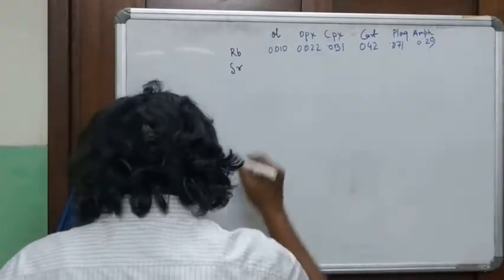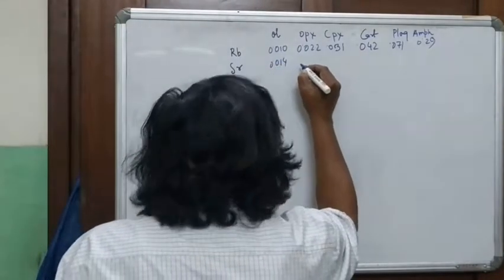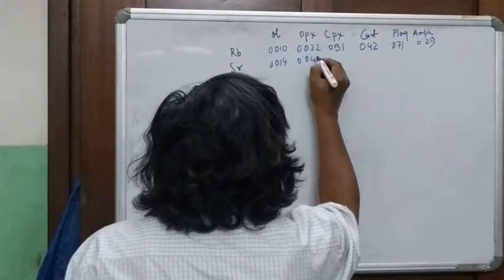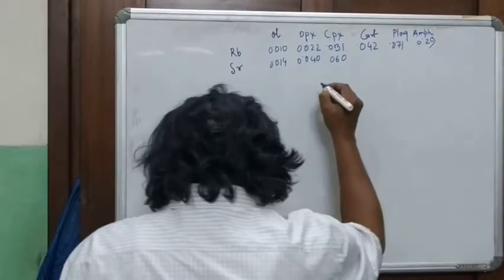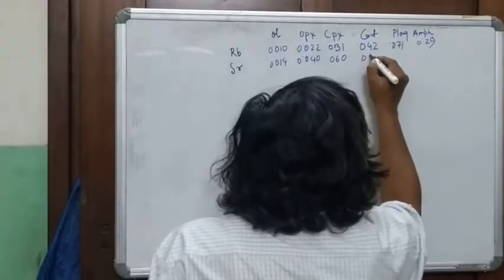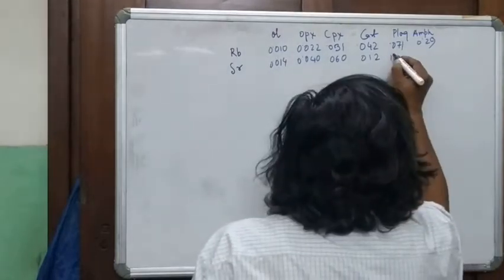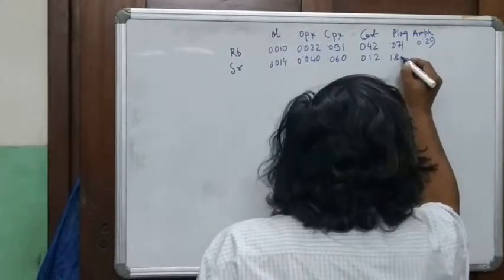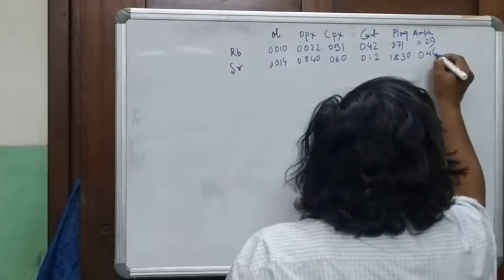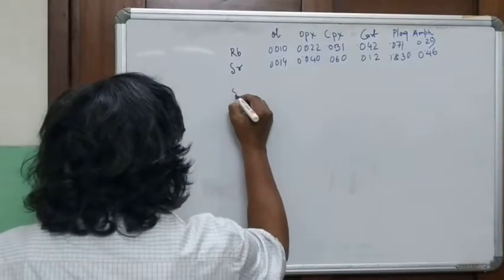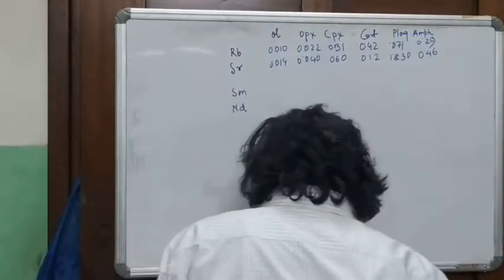And the values for strontium are 0.014, 0.040, 0.060, 0.012, 1.830 and 0.46. This is for rubidium and strontium.